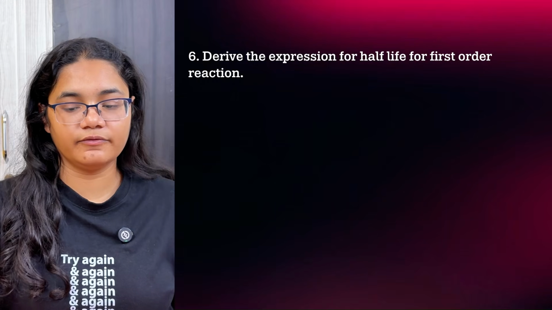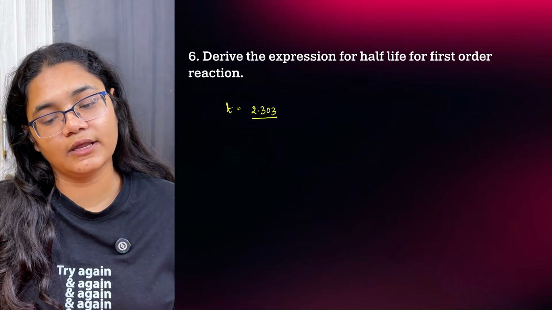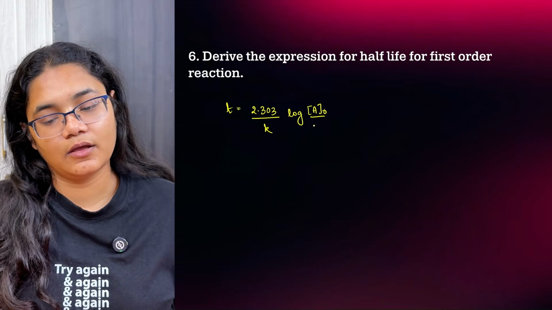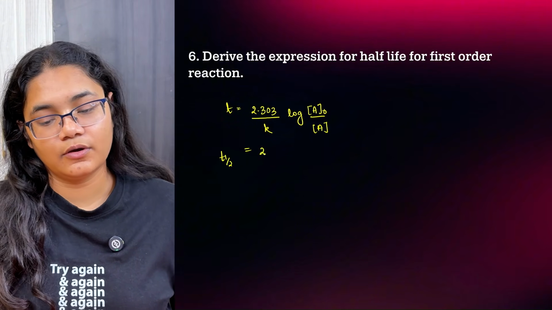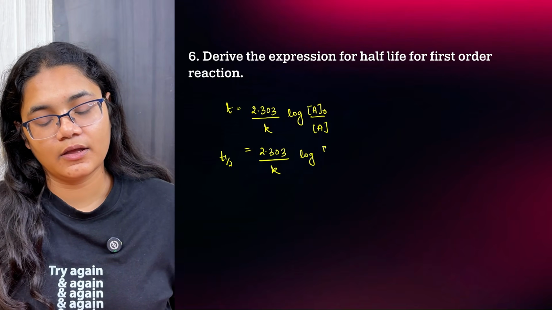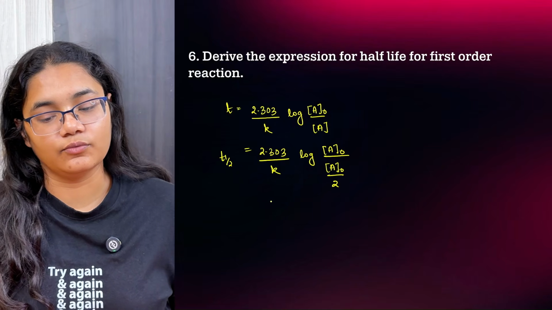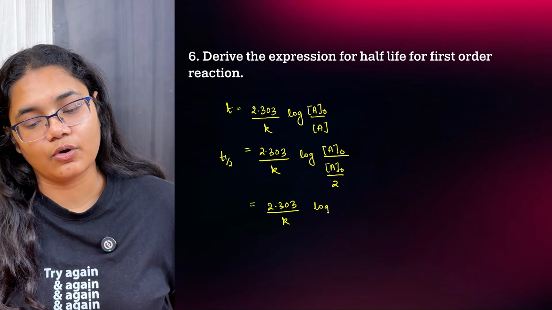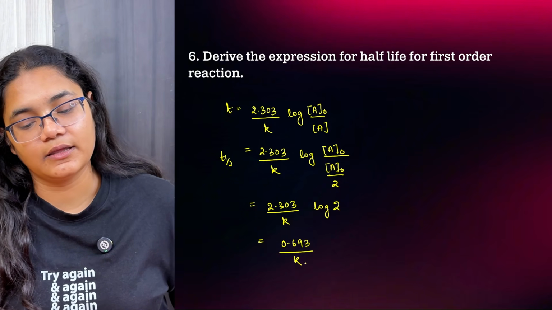Now for the first order reaction, T equal to 2.303 by K log of A0 by A. Again you substitute here, that is equal to T half 2.303 by K log of A0 divided by A0 by 2. That is 2.303 by K log of 2. That is 0.693 by K.